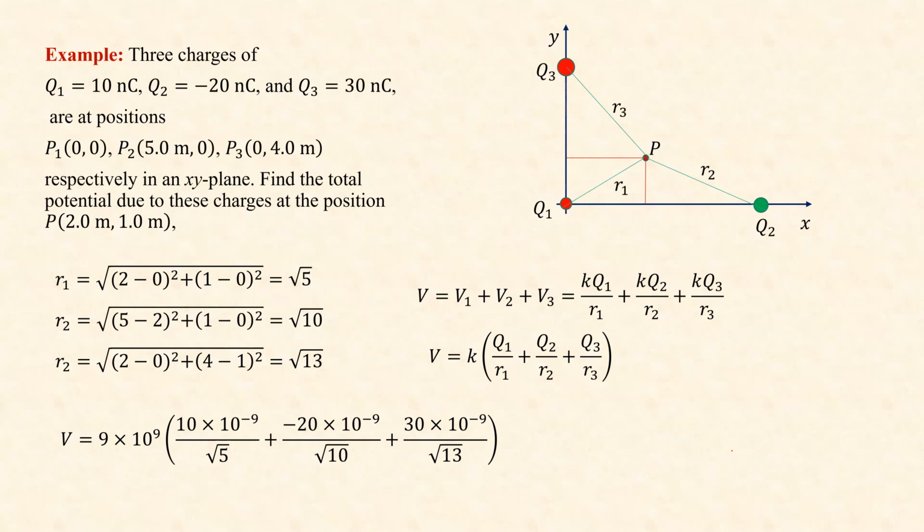Two of them are positive, one of them is negative, so this one creates a negative electric potential. Then the 10 to the 9 and 10 to the negative 9 cancel out, and if you calculate the whole thing, it comes to 58.2 volts. So the potential at this point is 58.2 volts due to all three charges. All right.